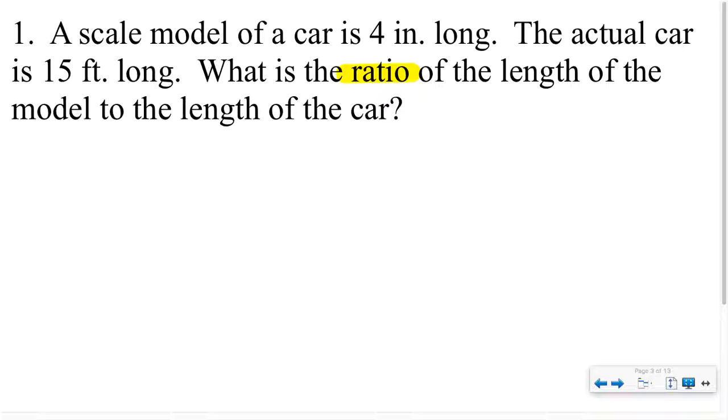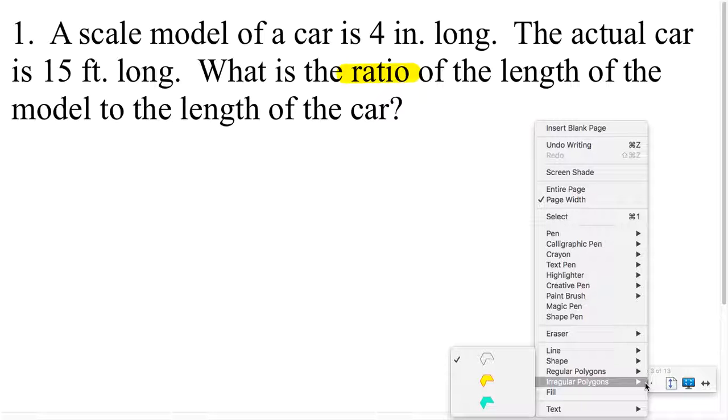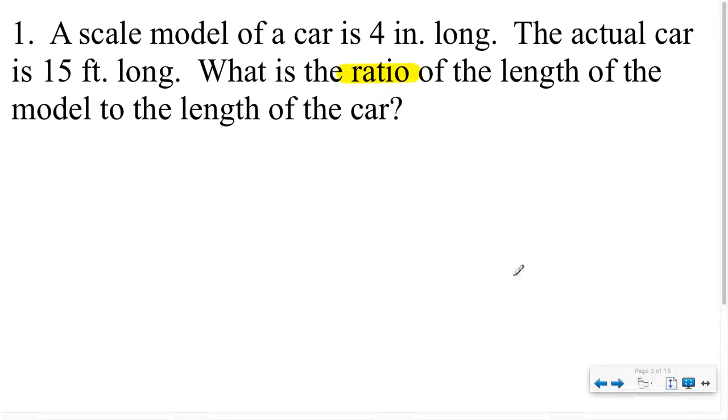I'm going to write a fraction. And then you have to read carefully. The length of the model to the length of the real car. When you write your ratios, you have to follow the order of which they're saying. So I'm going to write a fraction with the model in the numerator and the length of the real car in the denominator.